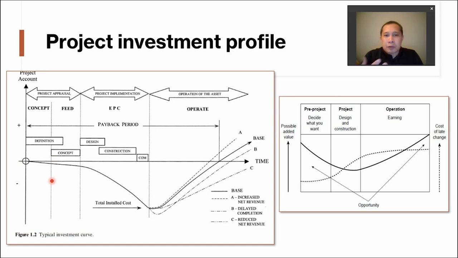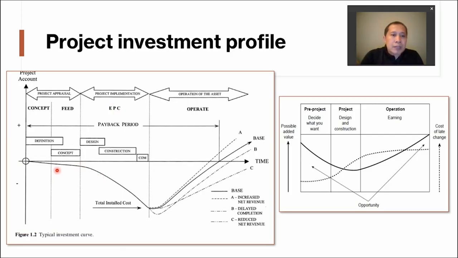Especially if you're still in the early design stage or conceptualization stage, it doesn't require much funding to move forward. But at some point when we start to build the plant, this is the EPC stage, the cost will increase rapidly.